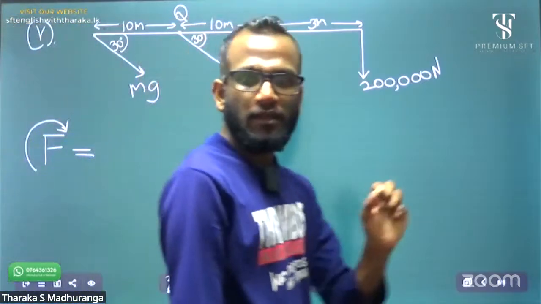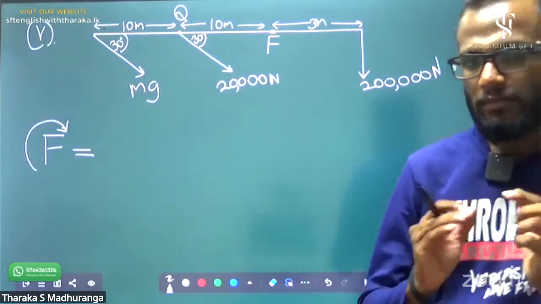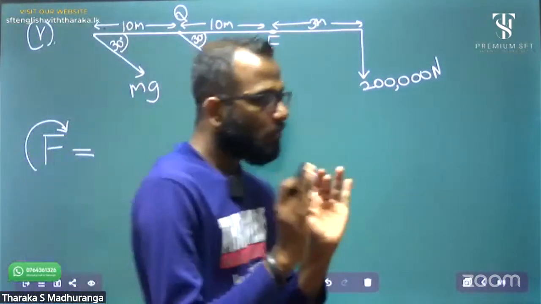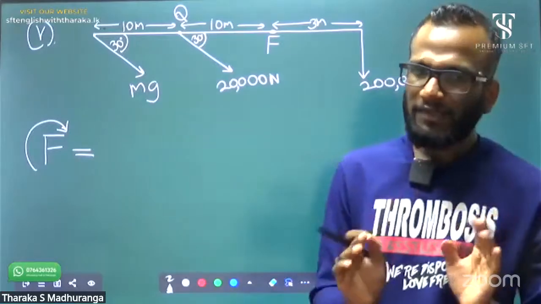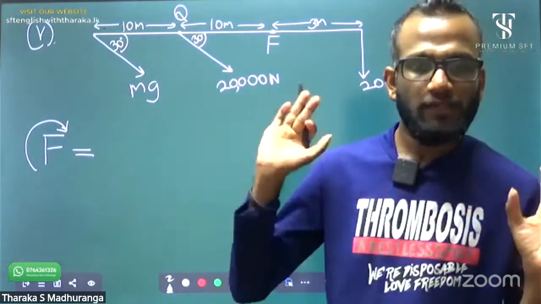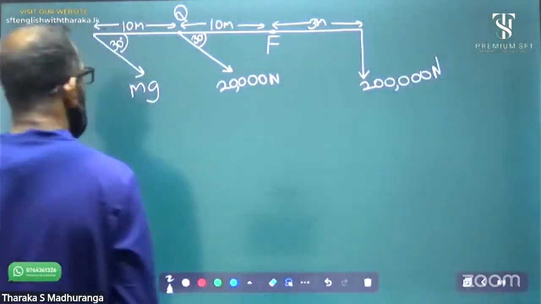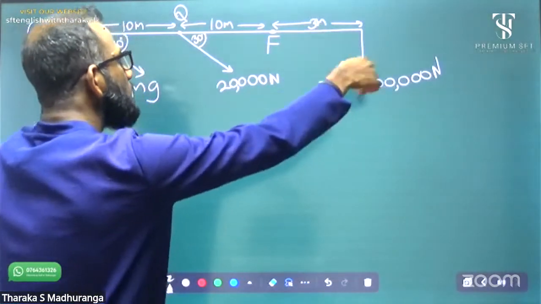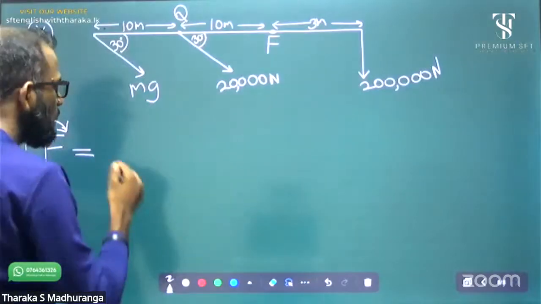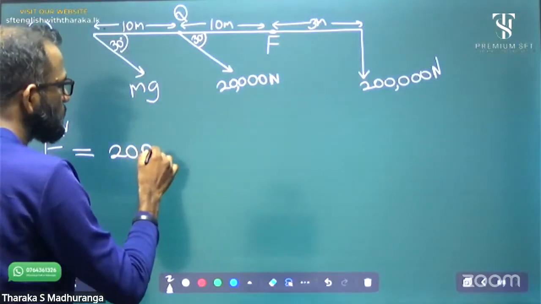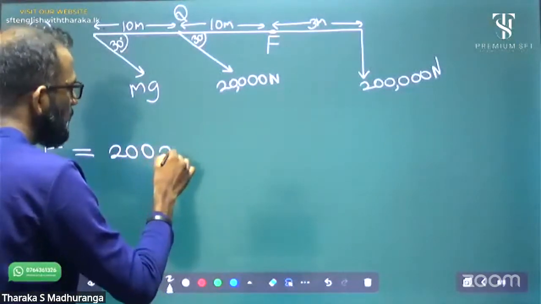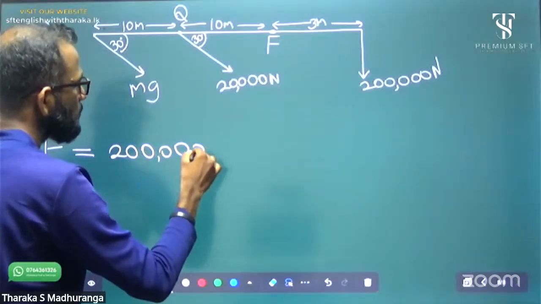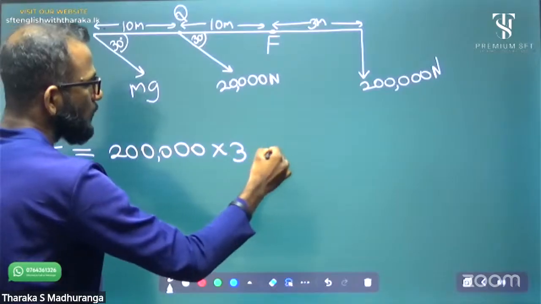I take my reference direction as clockwise. Therefore, I'm going to add clockwise moments of forces as positive and anti-clockwise moments of forces as negative. The clockwise is only one, 200,000 into 3.